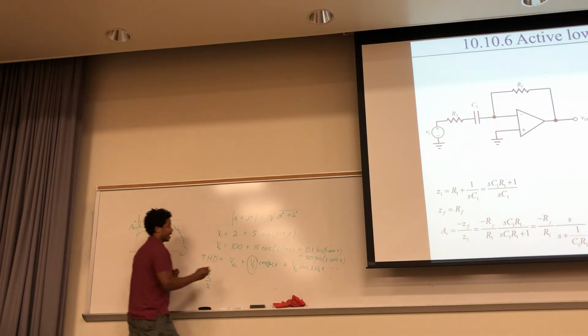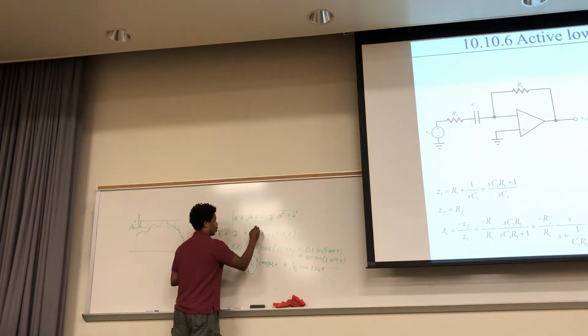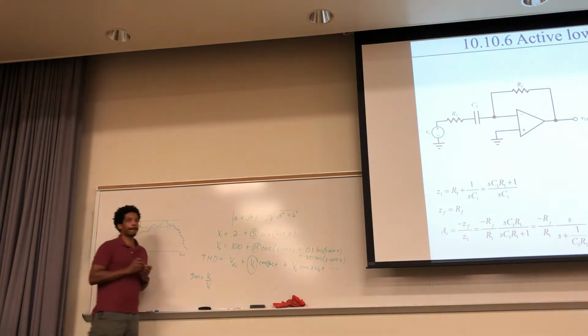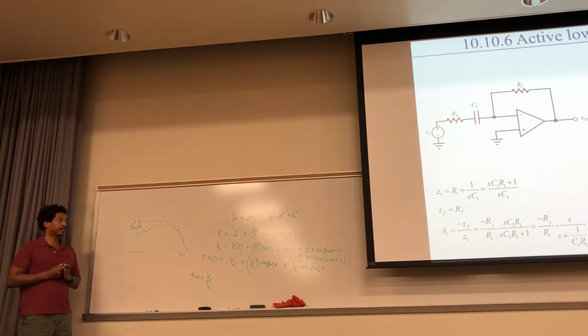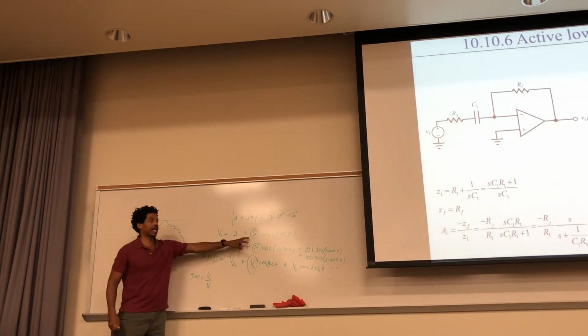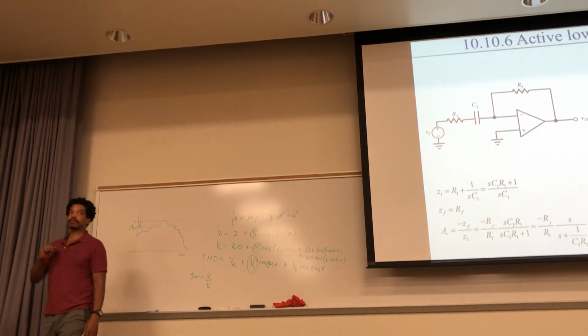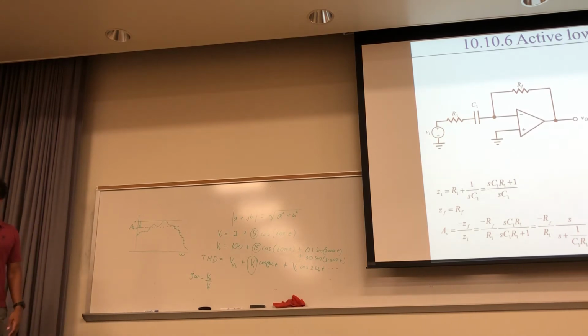But the thing you're looking at is this piece over that piece for your gain. So in that case, your gain would be 3. Yeah, that's a good question.